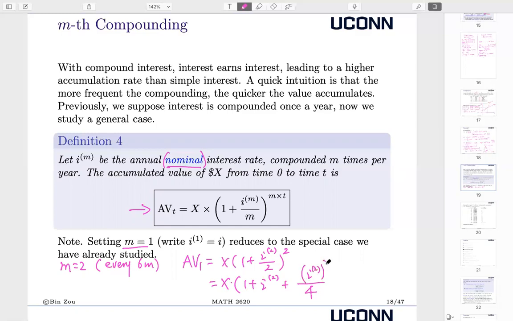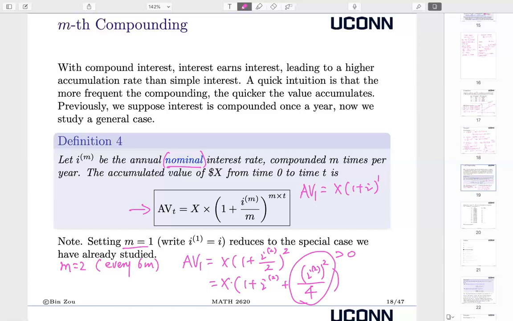So this squared is different from what we used to have for 1 year. Now we have an additional term, and obviously this term is positive. So using this example, we easily see that by compounding twice a year, you will be receiving more.